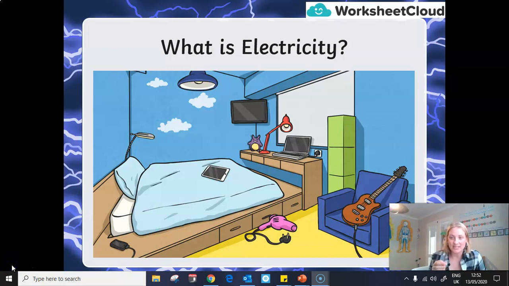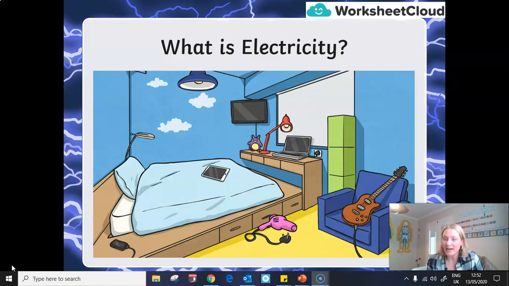So we have just discussed how electricity occurs naturally in lightning strikes and in our bodies, but scientists over many years have managed to create electricity and generate electricity. That's what we say, generate it.